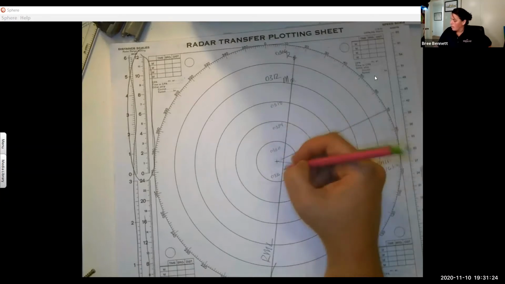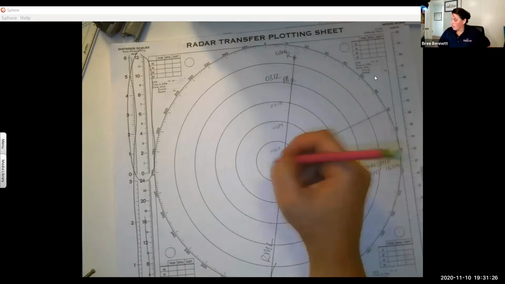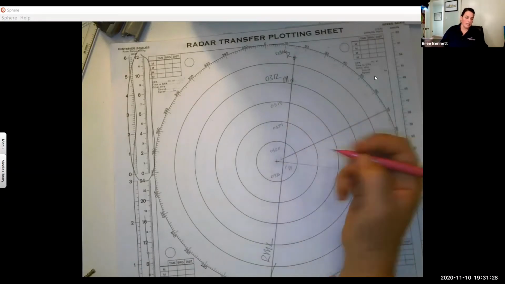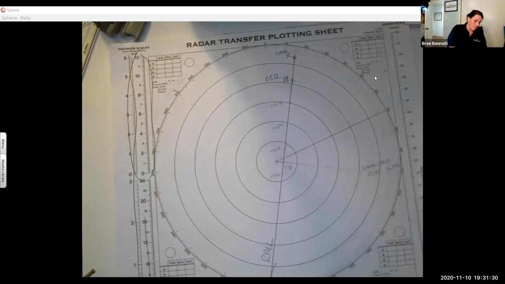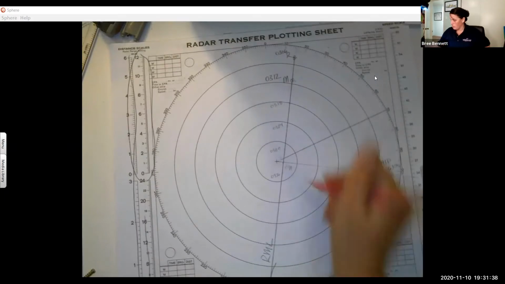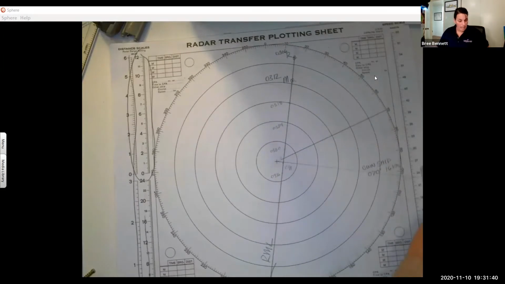Okay, so I'm going to go with 03:33 as the time of my CPA. They got 03:32. Close enough. Okay, so then it asks us, what is the contact's true course and true speed?